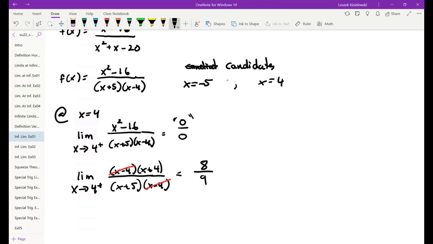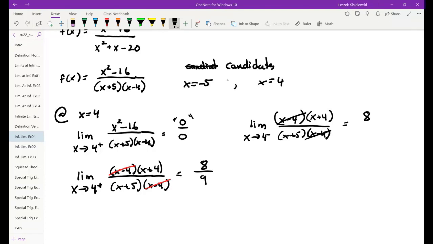Okay, but you should check also from the left. You're going to be asked to justify whether you have a vertical asymptote or not by looking at the one-sided limits. So you would have to compute them both.